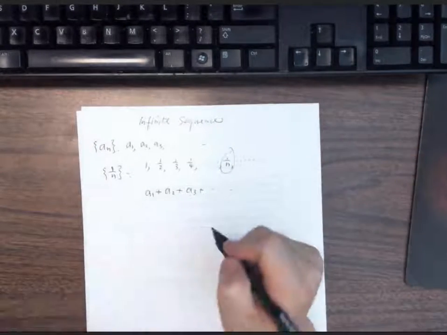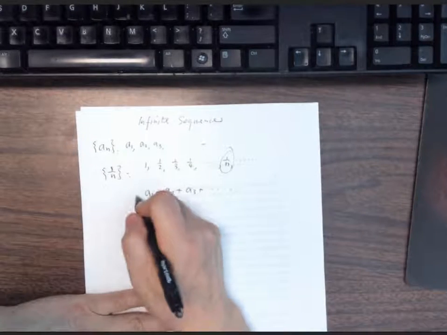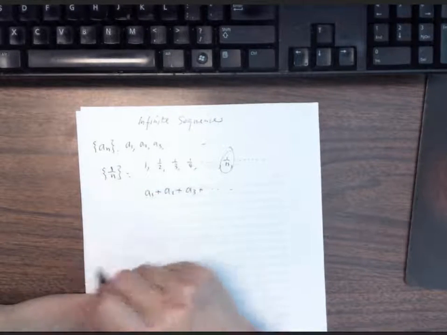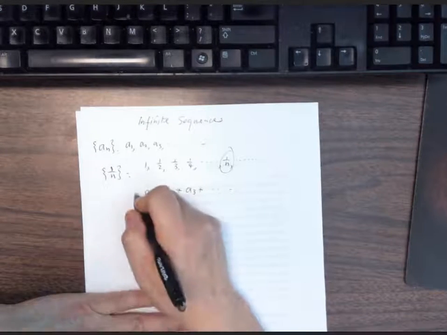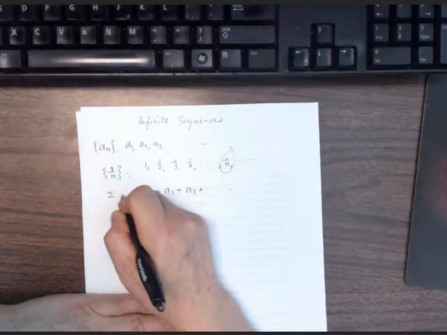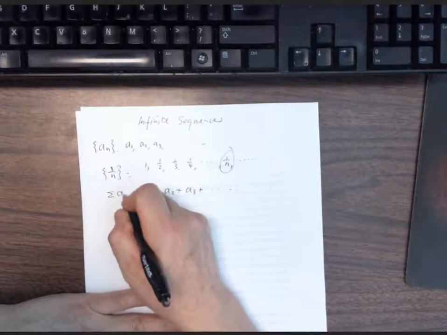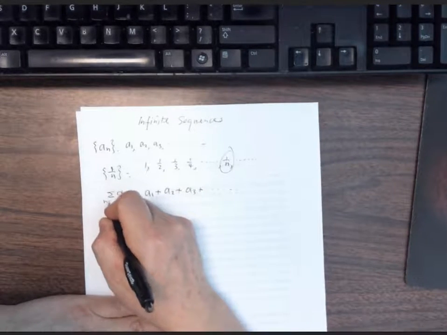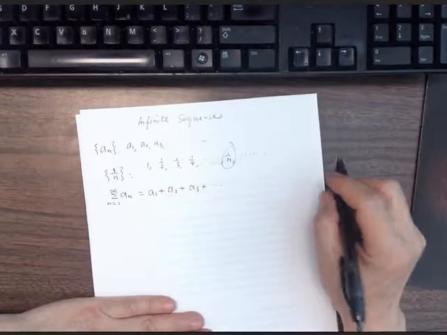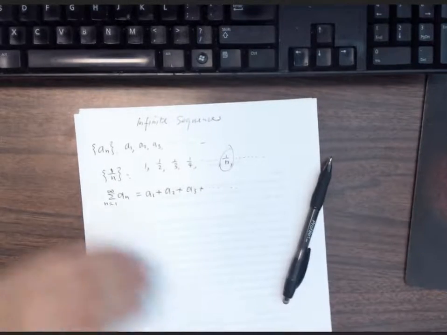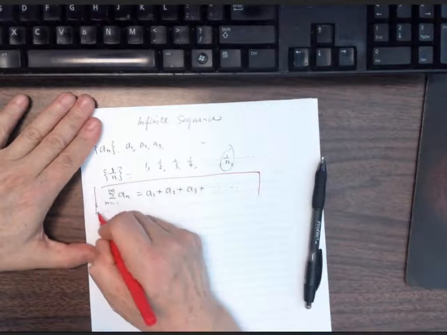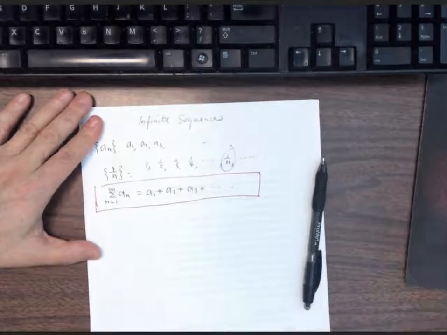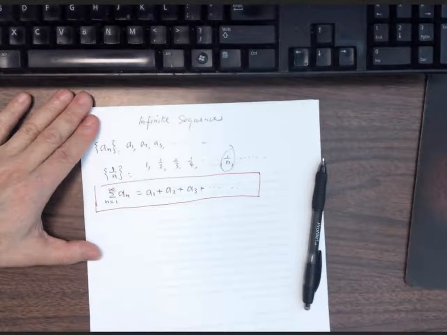So, the sum of infinitely many numbers is called an infinite series, denoted as sigma n from 1 to infinity. This is actually what we want to do in the following sections: a sum of infinitely many numbers.